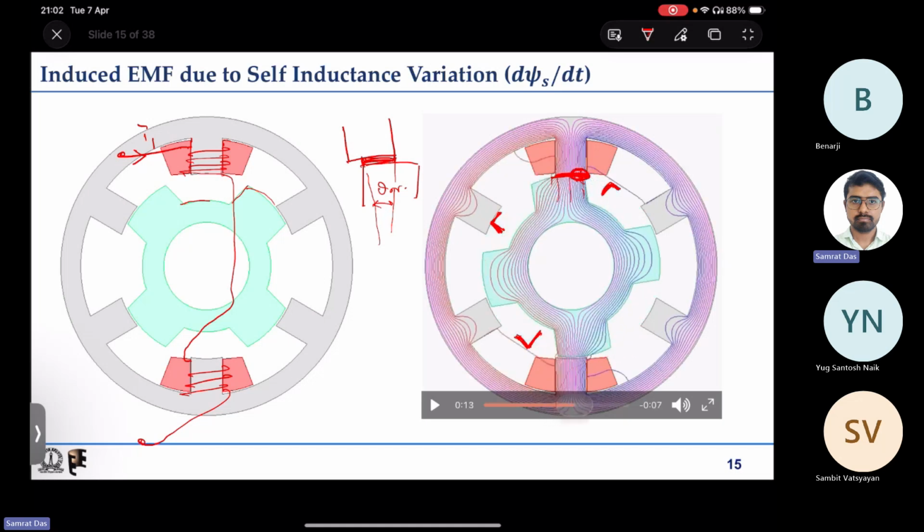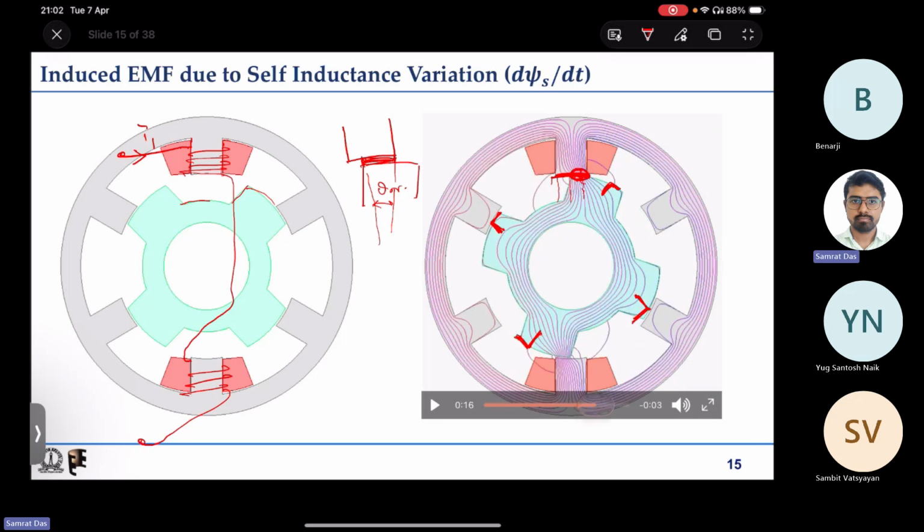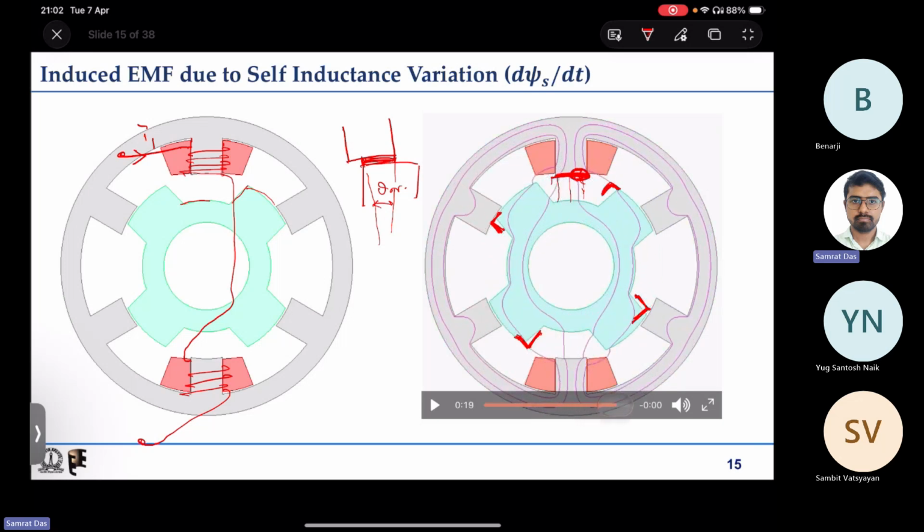Again the rotor continues, and the pole with which it started reaches here, but 3 times the inductance of the coil has risen, and again it has fallen down. And again in the fourth part, the pole with which we started reached its initial position, that means one rotation is completed.